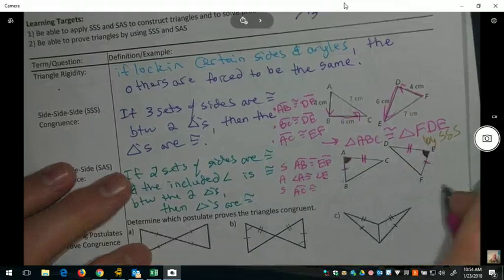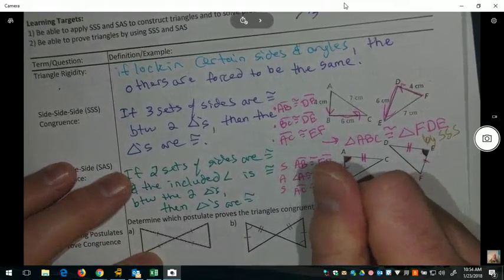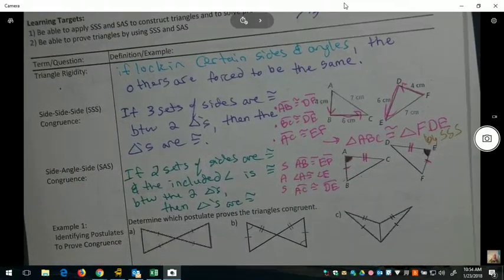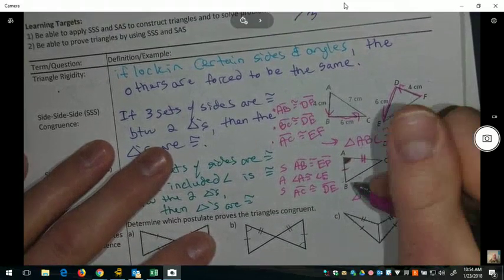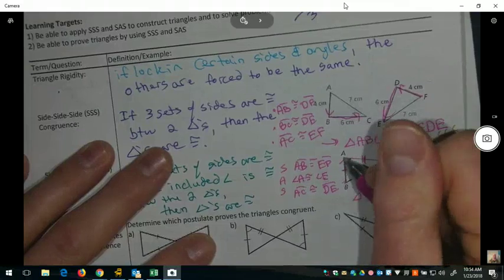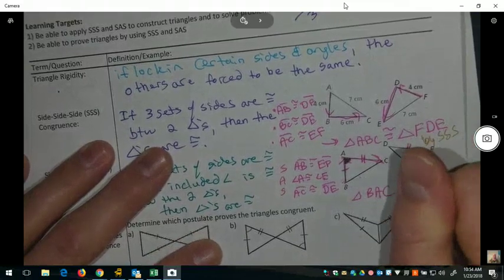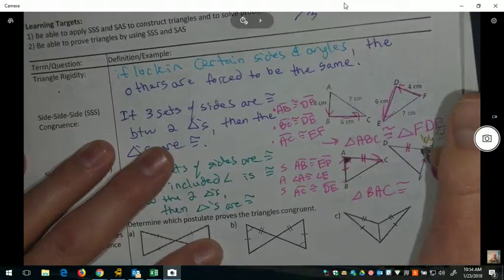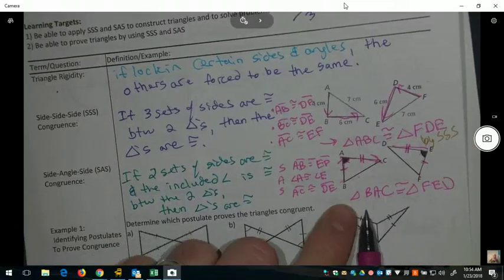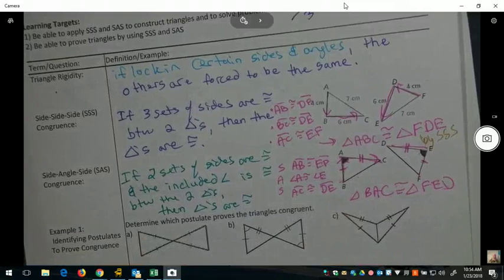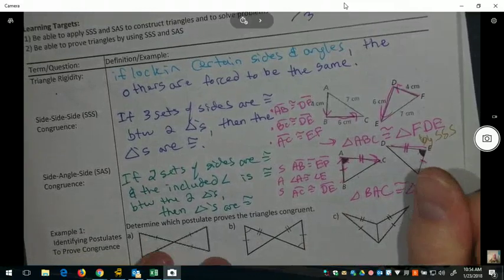No. DE. ED or DE, doesn't matter. So those triangles, triangle BAC, this time I went across the single tick mark to the angle and then across the double tick mark, is congruent to FED. Doesn't have to be alphabetical order. It has to have matching order by side angle side.